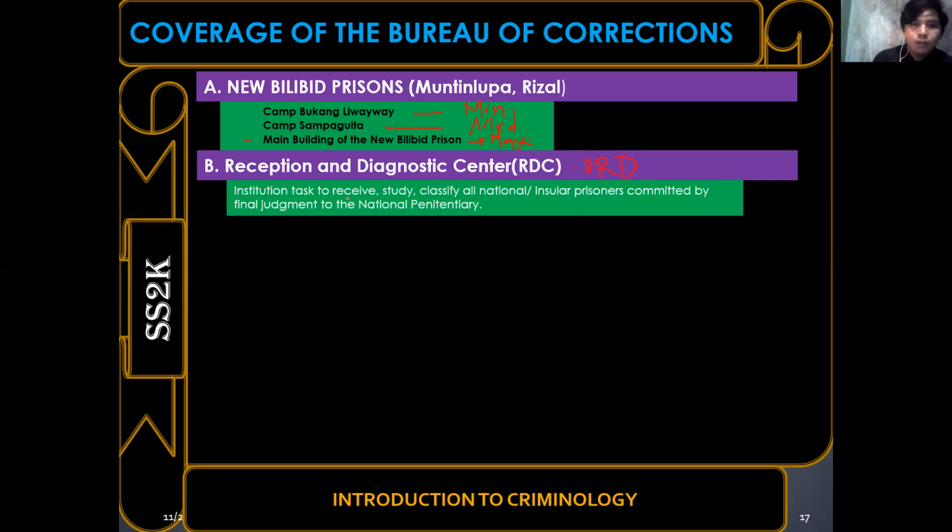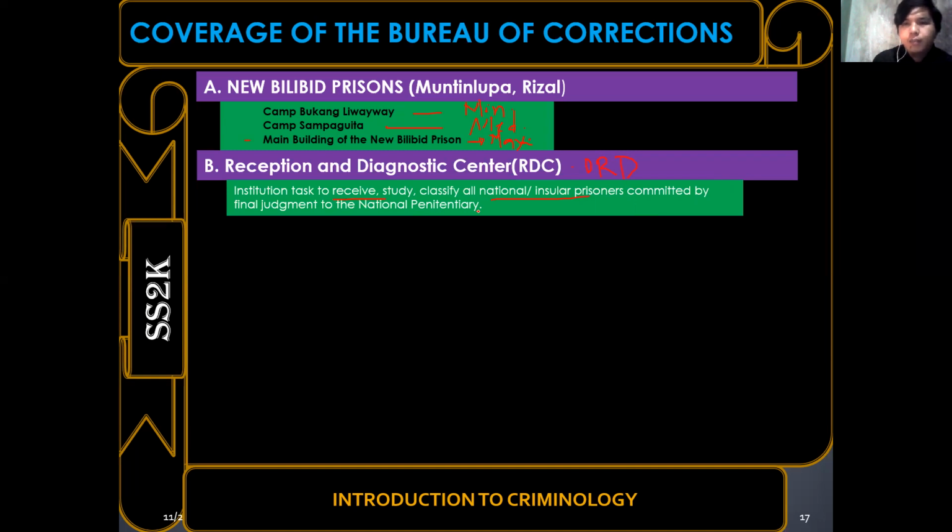Ano ba yung Reception and Diagnostic Center, o ngayon po ay Directorate for Receptions and Diagnostics? It is the institution tasked to receive and study yung mga galing sa jail, galing sa Baguio City Jail, galing sa Ifugao District Jail, at sa iba pang mga district jail or city jails. So they classify all national or insular prisoners. Pag sinabi nating insular prisoner, ito po yung mga nahatulan ng more than 3 years, committed by final judgment to the national penitentiary.